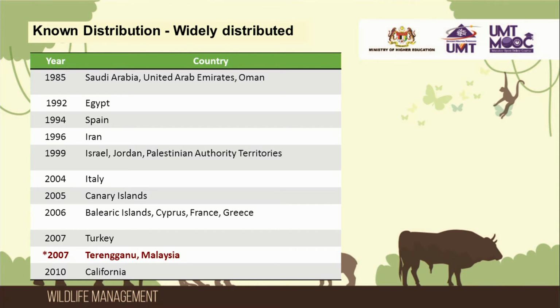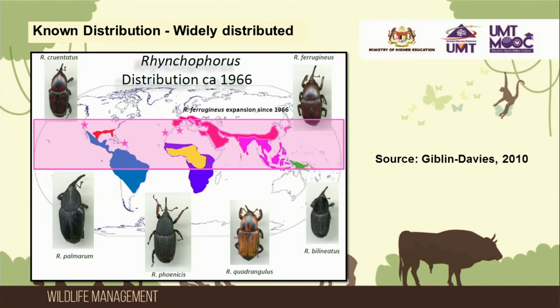However, in 2016, the RPW has been reported in 5 states: Perlis, Kedah, Pulau Pinang, Terengganu, and Kelantan. RPW is widely distributed in many geographical areas as it has spread from its native Southeast Asia to Asia, including China and India, Northern Africa, the Middle East, Europe, Oceania, Australia, Papua New Guinea, and the Caribbean to Aruba and Curacao.